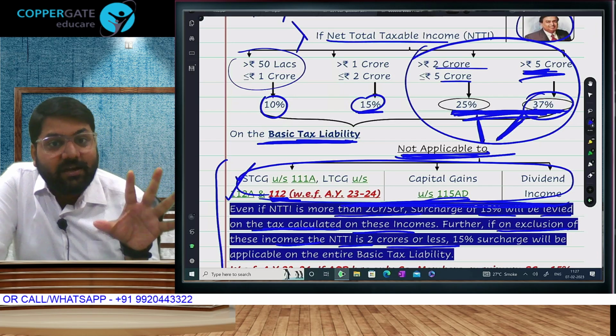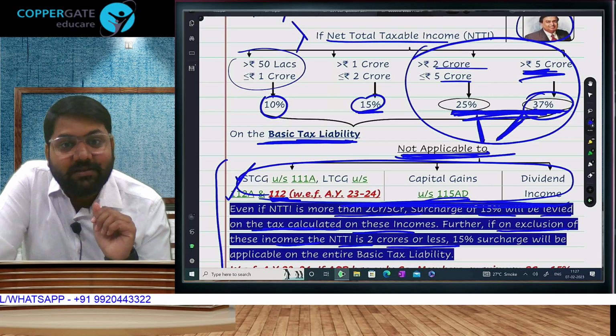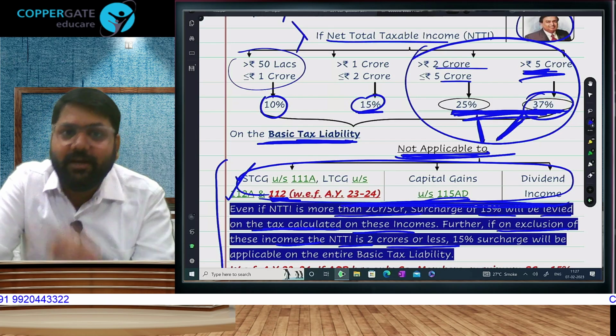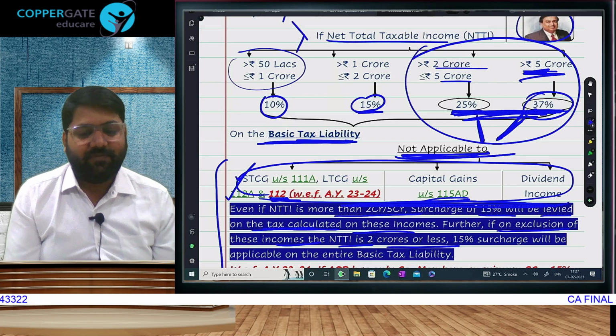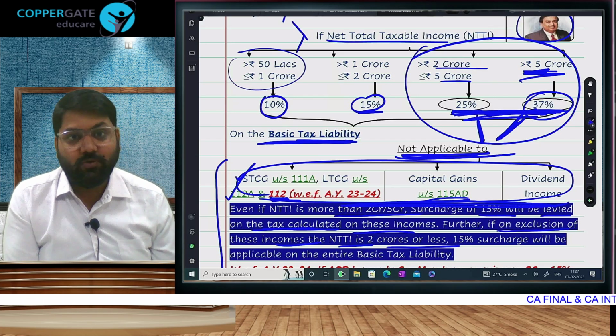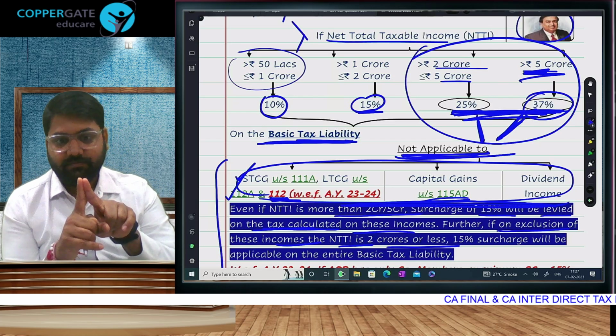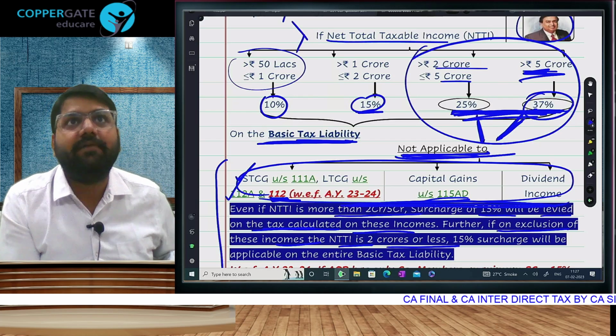So on the other income we can apply. Now other income is only 5 lakhs. For 25 or 37 to apply, that other income has to cross 2 crore rupees, then only 25 or 37 will apply. Otherwise only 15 will apply. Friends, this is where confusion should not come. Some people think, sir, other income is only 5 lakhs, so zero surcharge.